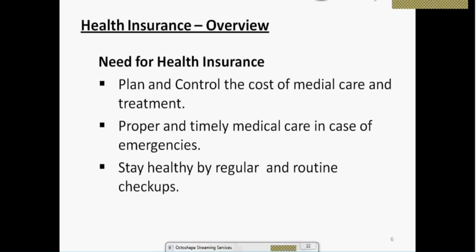At the same time, insurance companies, like if you are part of an HMO, also try to keep you healthy by encouraging you to take precautionary measures and regular annual checkups. Preventive care is always better. Prevention is better than cure.